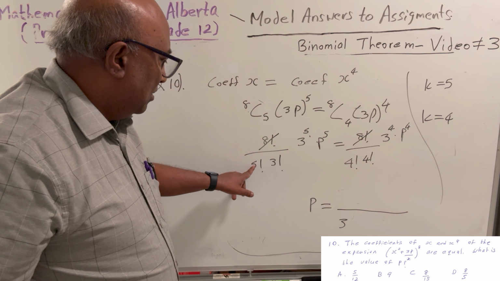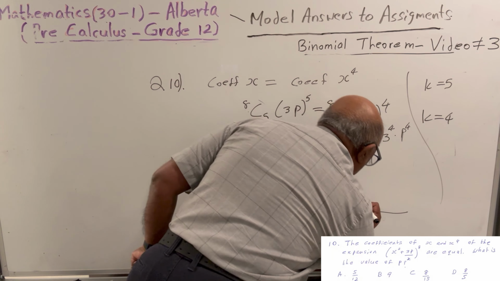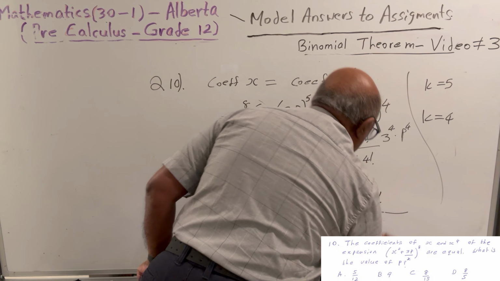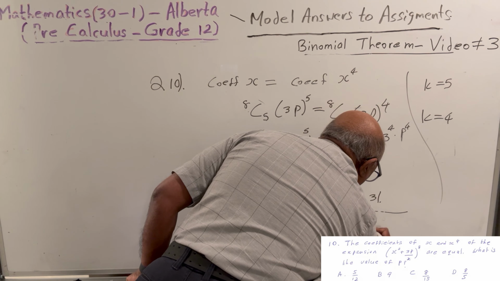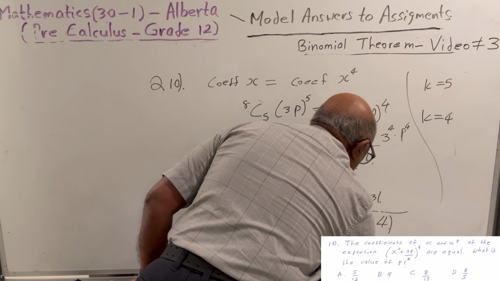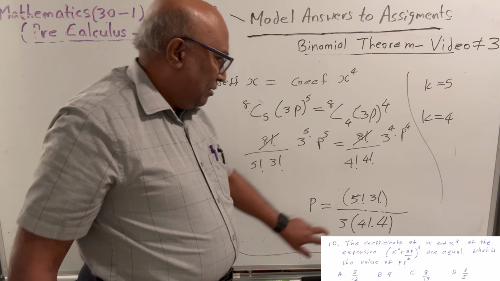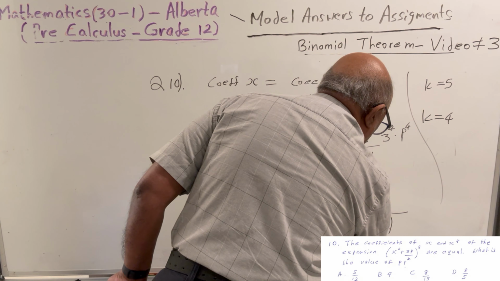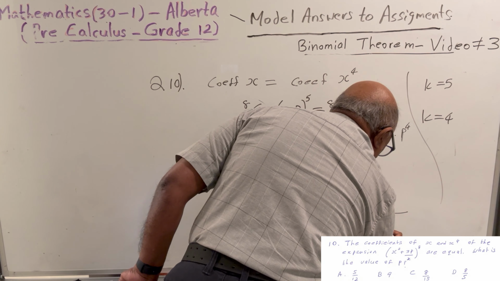Let's move this to the right side: factorial 5 factorial 3 divided by factorial 4 factorial 4. Now you can simplify this at your convenience.